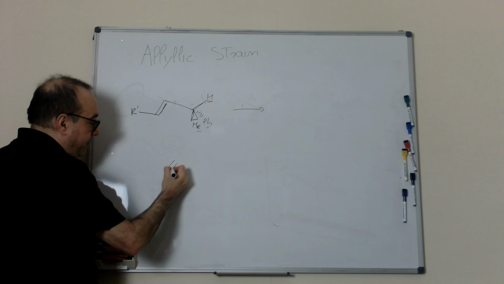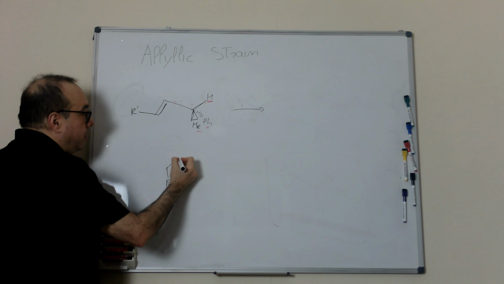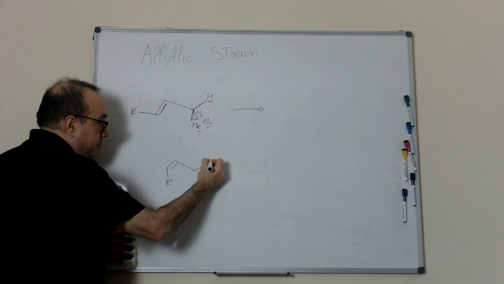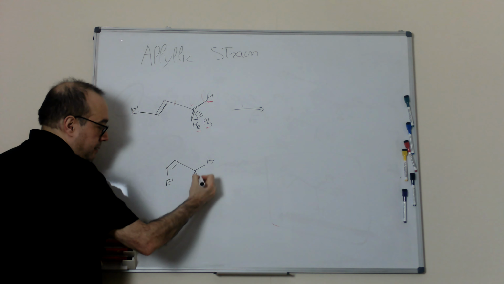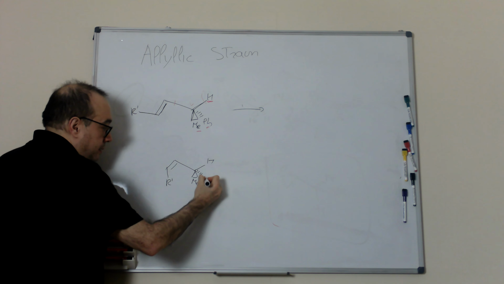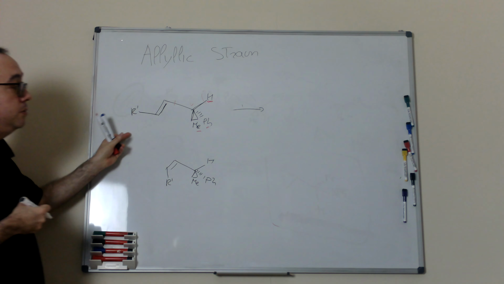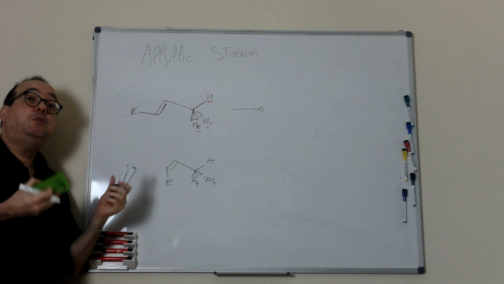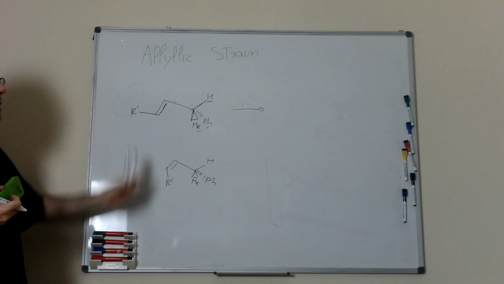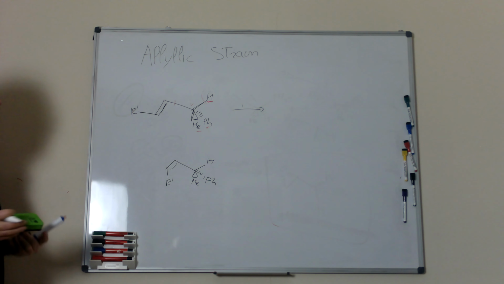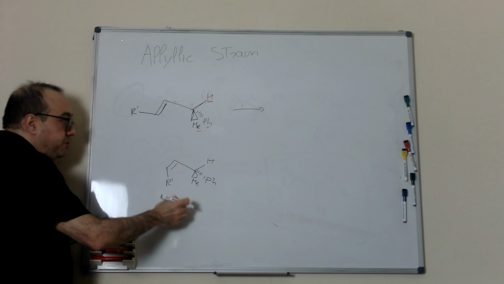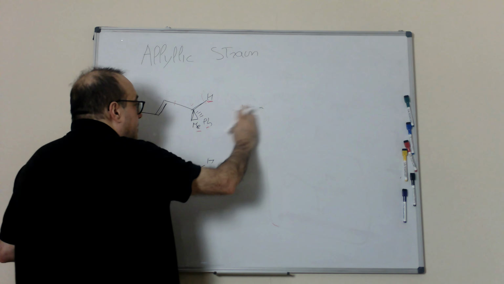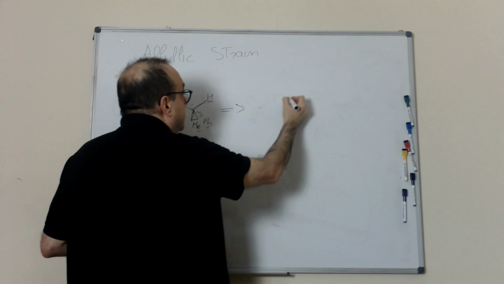What is the difference if I use this compound or this compound? How to predict which will be the major diastereomer is exactly the same way. I have to put the smaller substituent down. I will show you here.